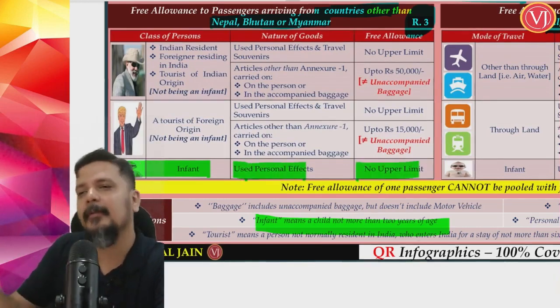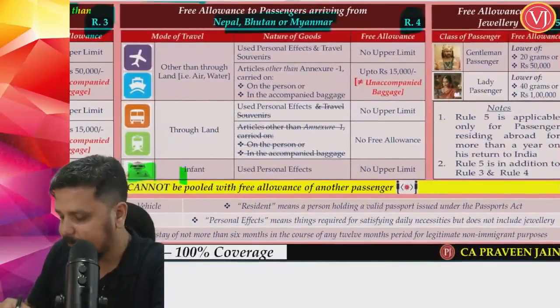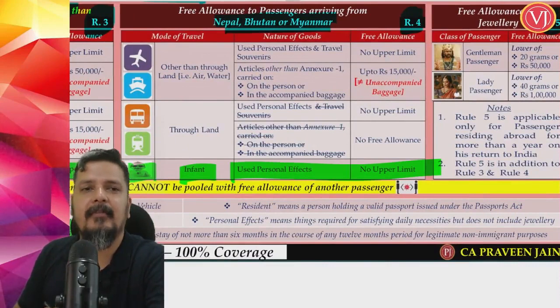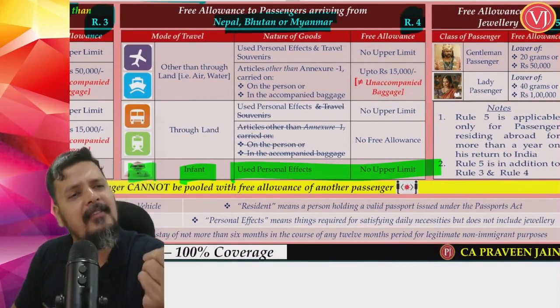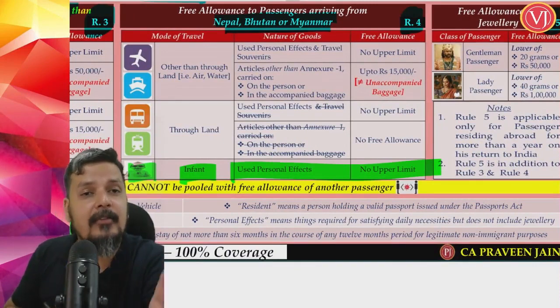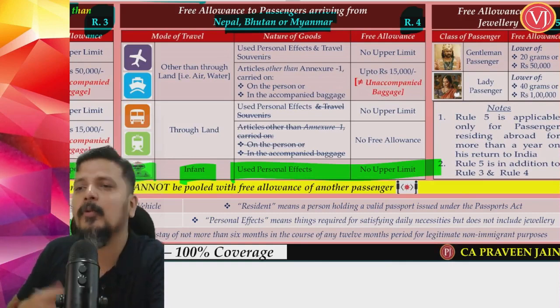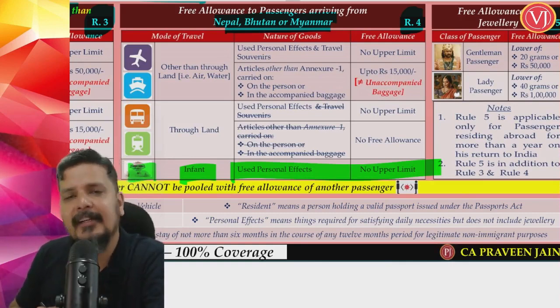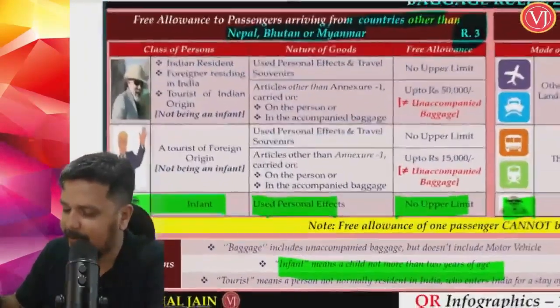Their used items, full exemption. When I say no upper limit, it means full exemption. But it is used personal effects, which means used, old items. Full exemption.